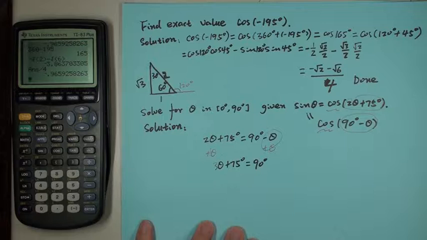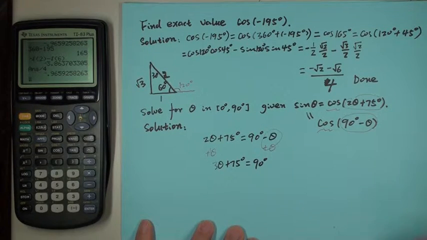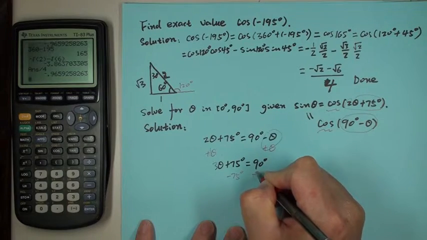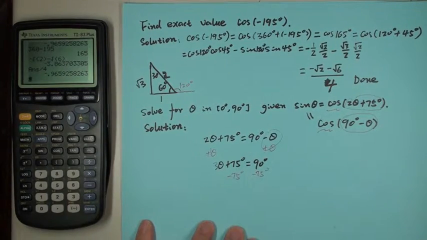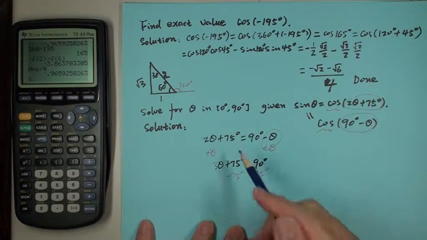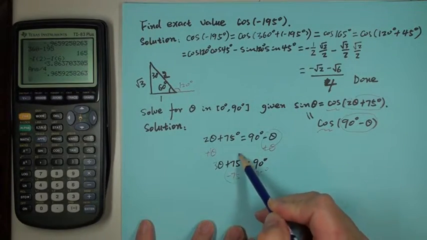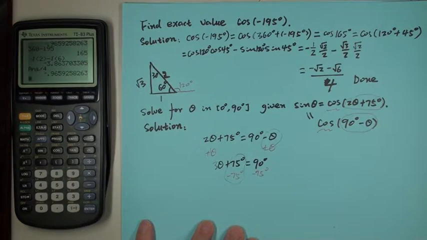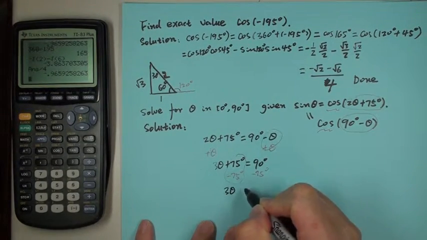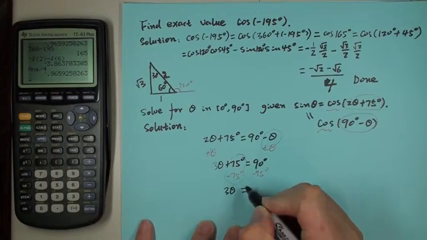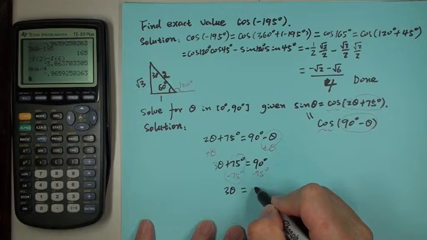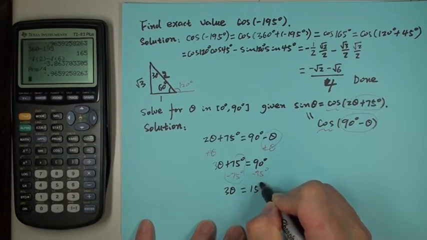Subtract 75 degrees from both sides, and cancel. The left-hand side is 3 theta, and the right-hand side is 90 minus 75, so it's 15 degrees.